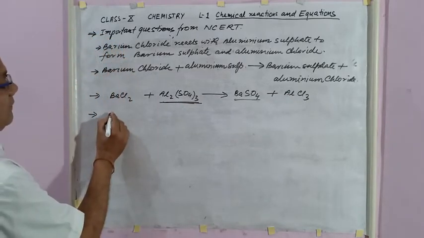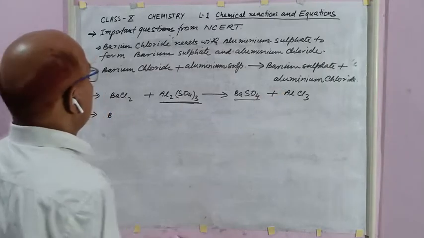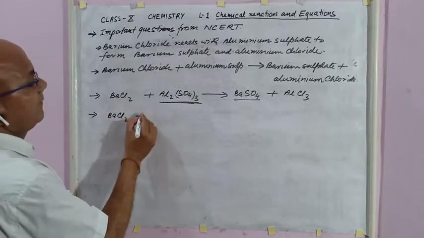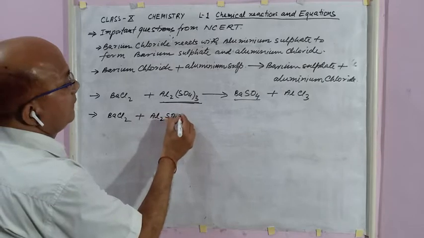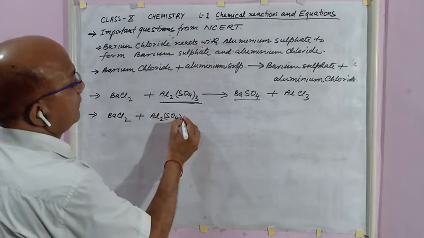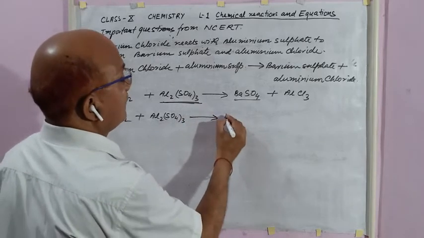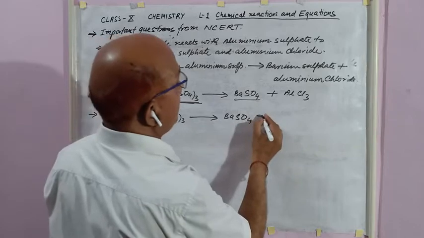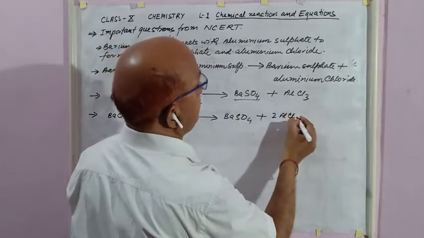So to balance aluminium we will multiply it by 2. So BaCl2 plus Al2(SO4)3 gives BaSO4 plus 2AlCl3.